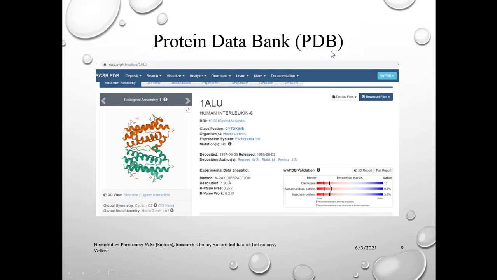And this is PDB, the Protein Data Bank. If you know the protein name, you can search by providing the protein name, or else you can provide the 3-4 letter code. In the header they mention information about the protein structure, what methods were used, whether the protein contains a mutation, or whether the structure is bound with some other protein or ligand.